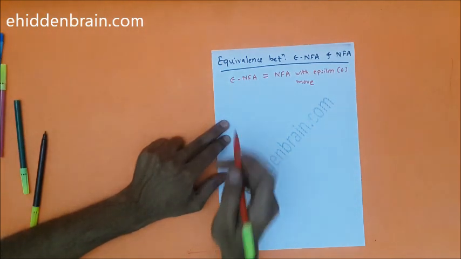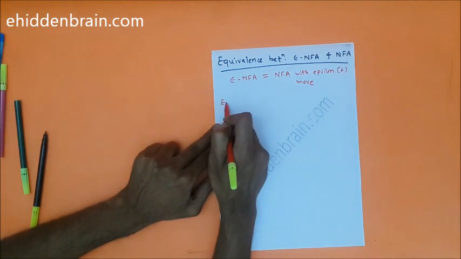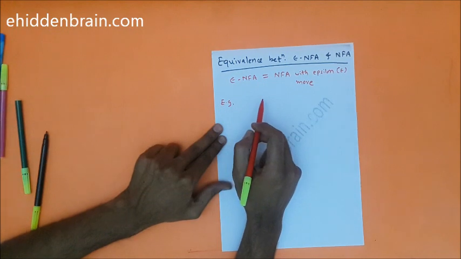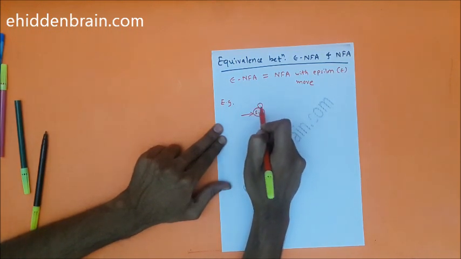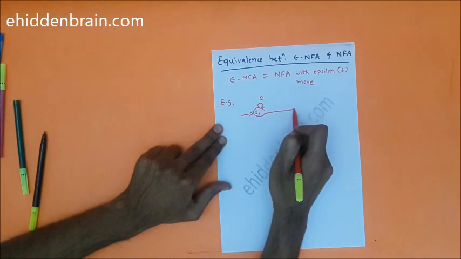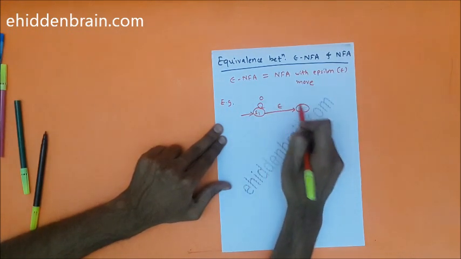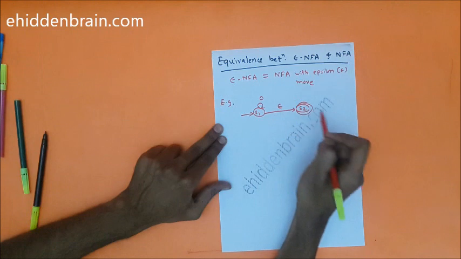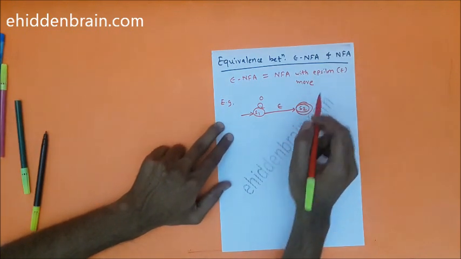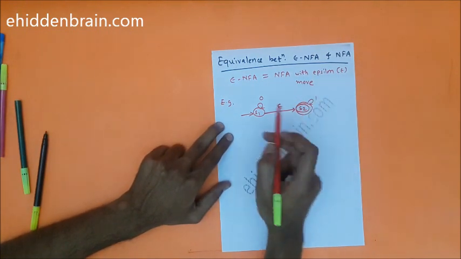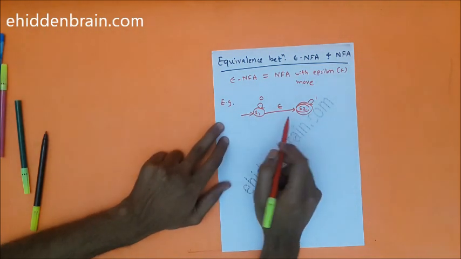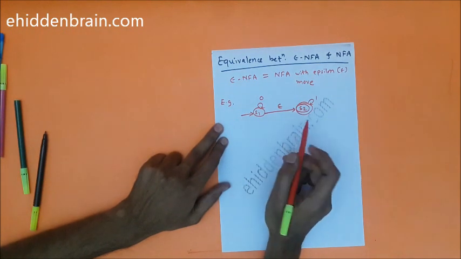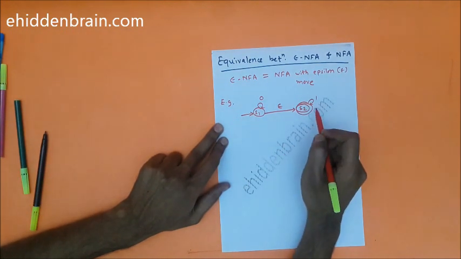Now what is epsilon-NFA? First of all, we will see an example of epsilon-NFA. I will draw one NFA for you. If an epsilon comes on a transition line, then it is called an epsilon-NFA. Regular NFAs are drawn for the input alphabets.